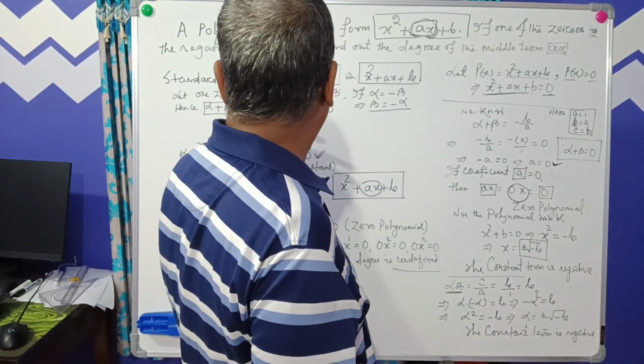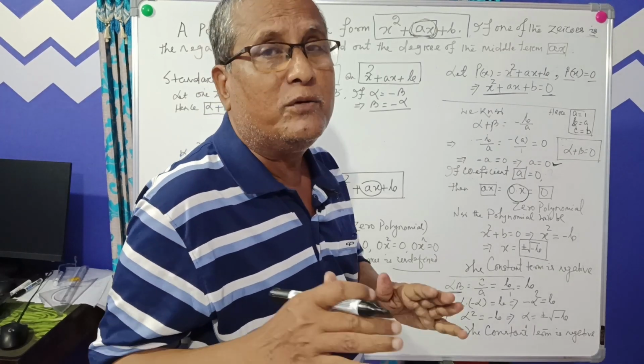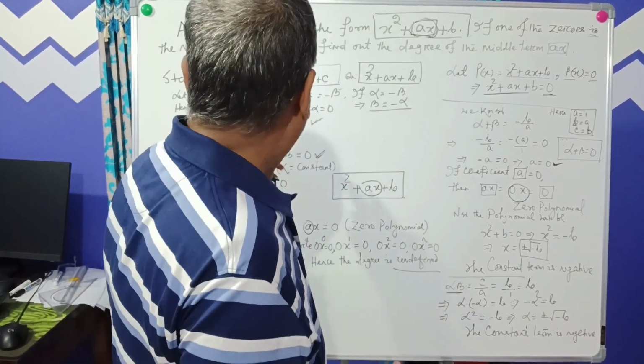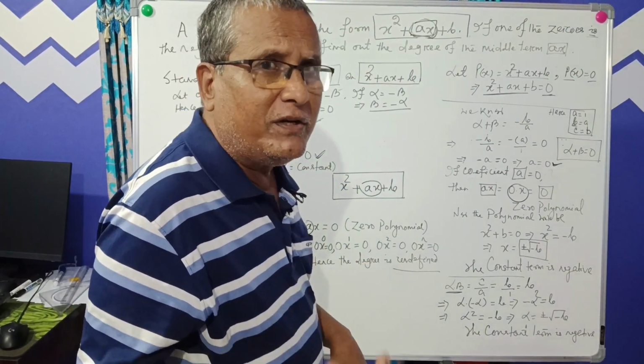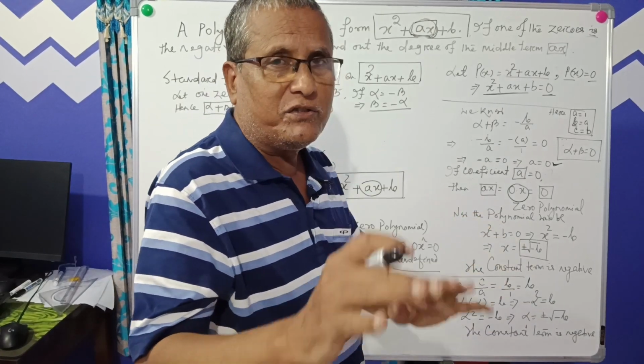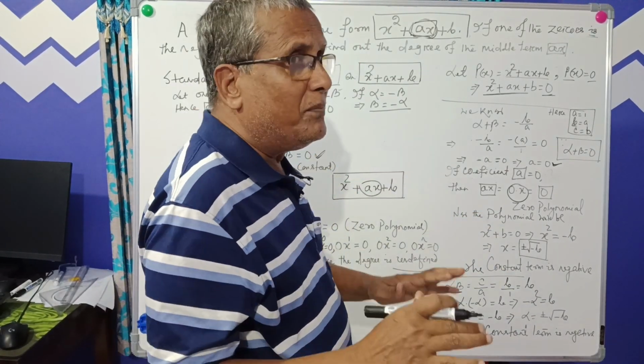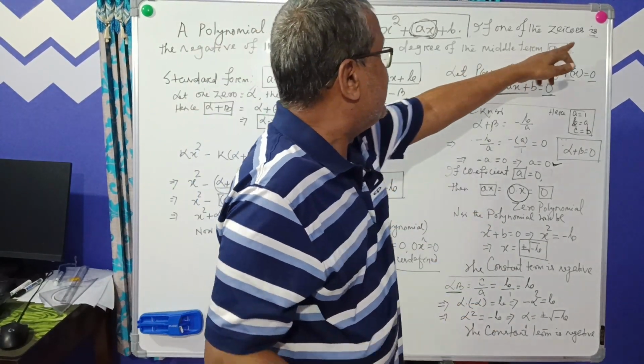Here the question is, out of two zeros, let the two zeros be alpha and beta, and let one zero be alpha and the other be minus beta as per our question, and both are equal.